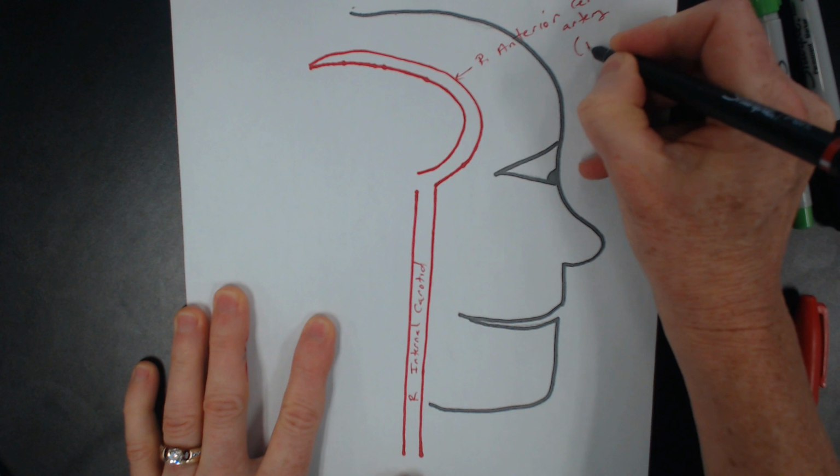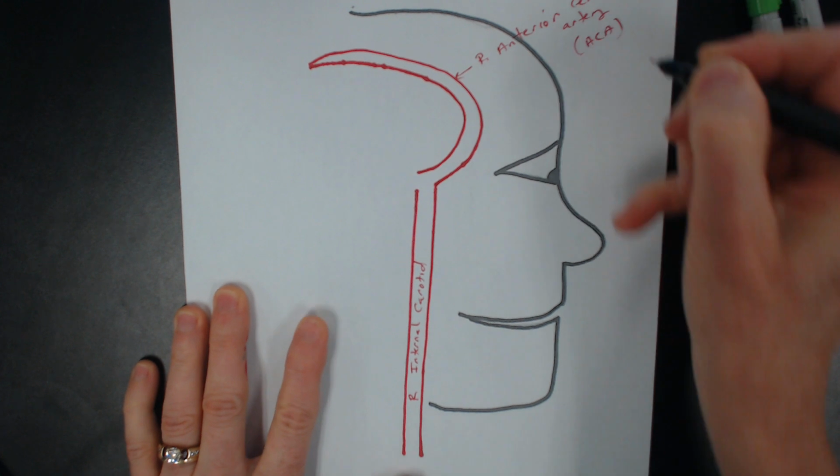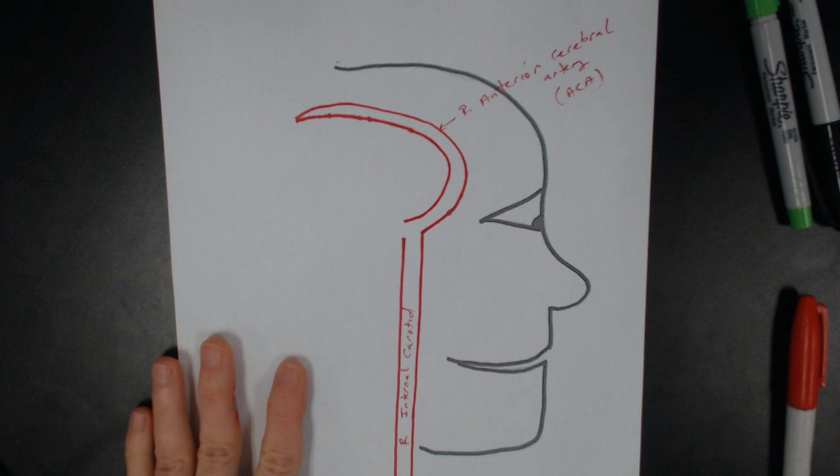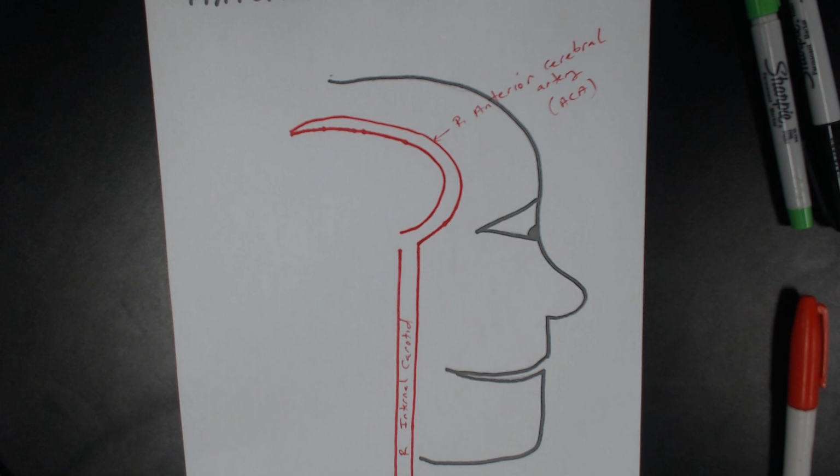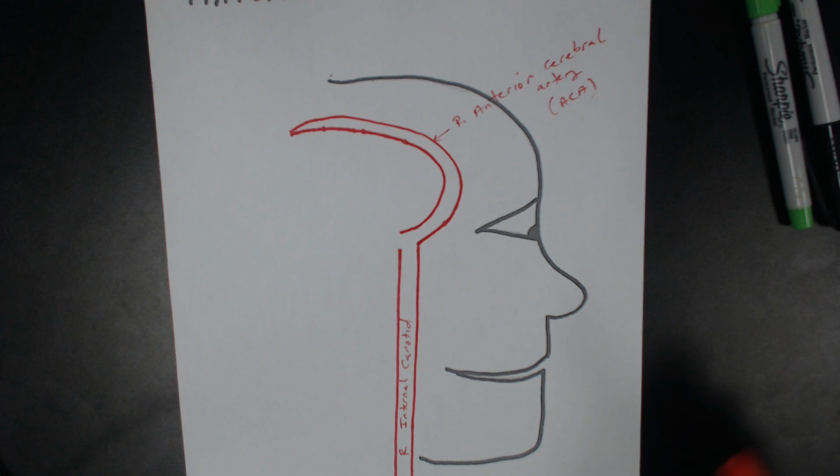And that one is abbreviated ACA. Okay, internal carotid on the right side comes up about the level of the eye, forms a branch that shoots backward over top of the corpus callosum. That first main branch is going to be your anterior cerebral artery, or ACA.